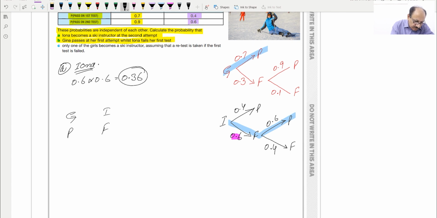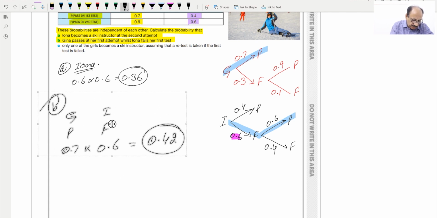The probability for Iona failing is 0.6, and for Gina passing is 0.7, and we will multiply these two, and this will be equal to 0.42. 0.42 will be the probability, and this is our B part which we have answered.